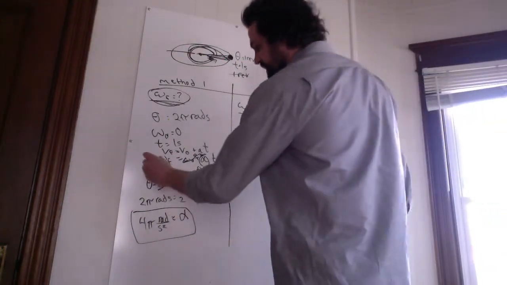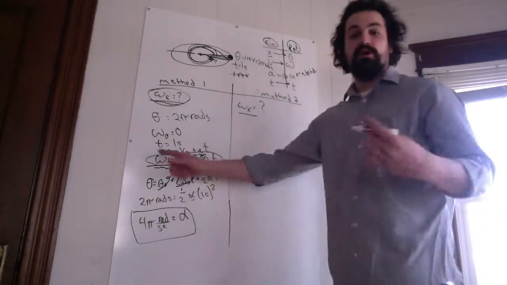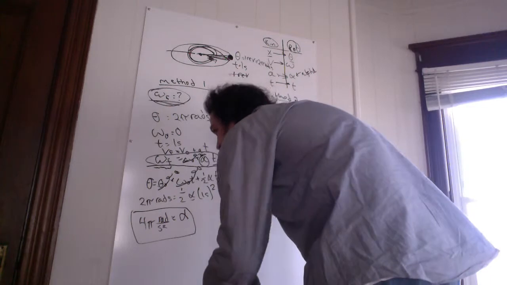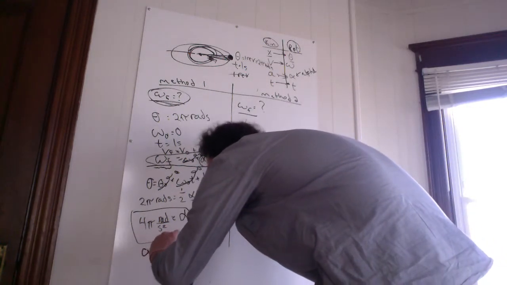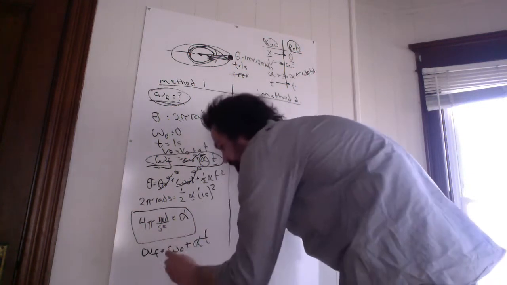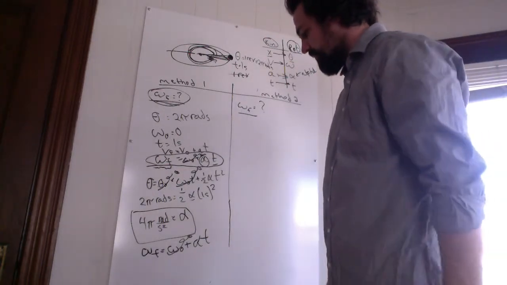So then we can bring back the equation we had before: Vf equals V naught plus At, omega f equals omega naught plus alpha t. So we plug it in now that we have alpha, and we can see omega f equals omega naught plus alpha t. But remember, omega naught is equal to 0.